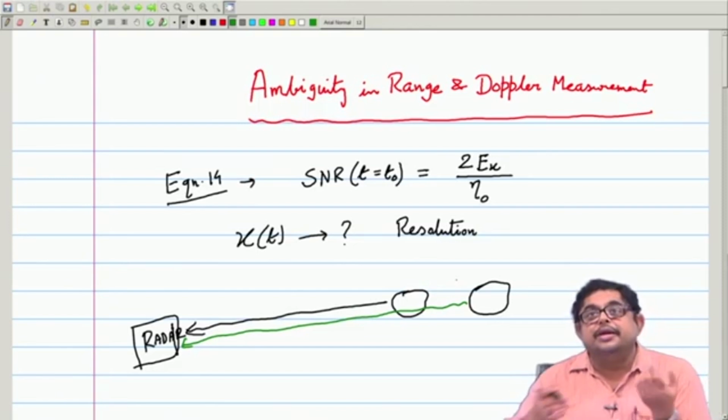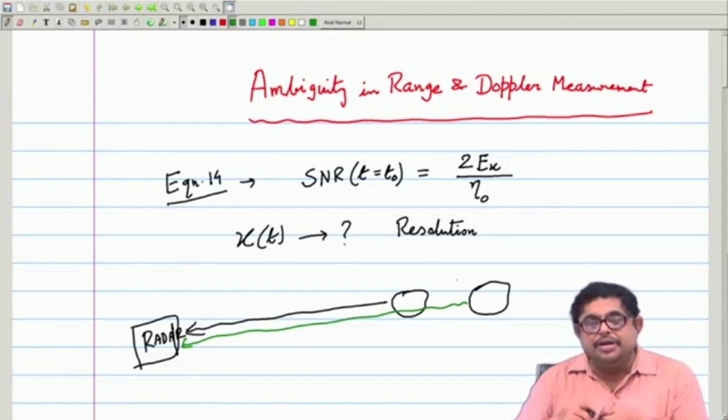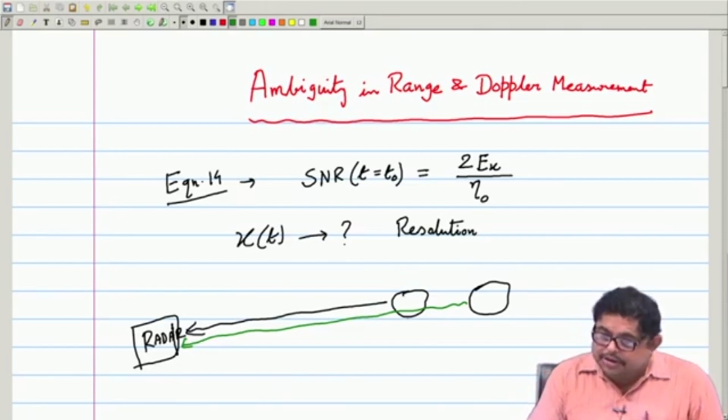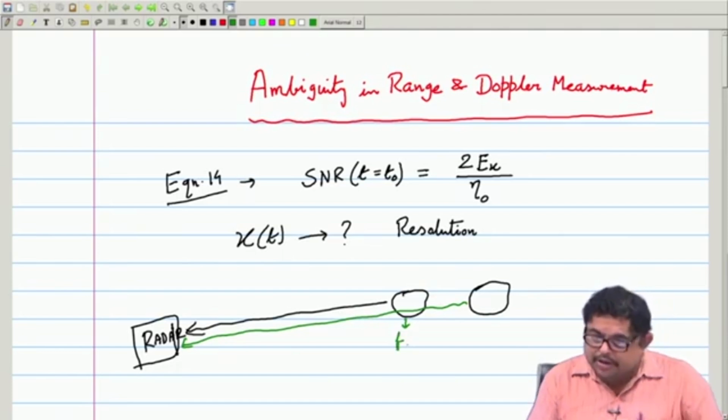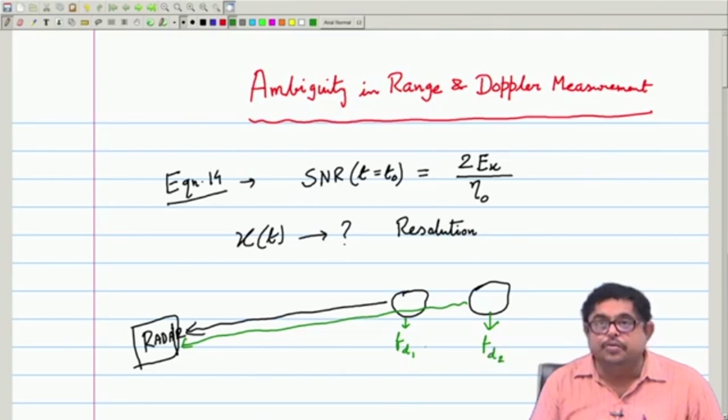Similarly, what is the resolution in Doppler? Suppose this target's return echo creates a Doppler frequency FD1, and this target's Doppler frequency is FD2.